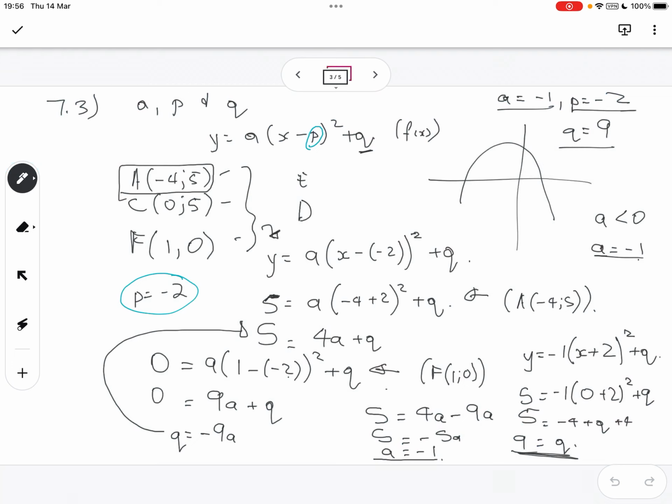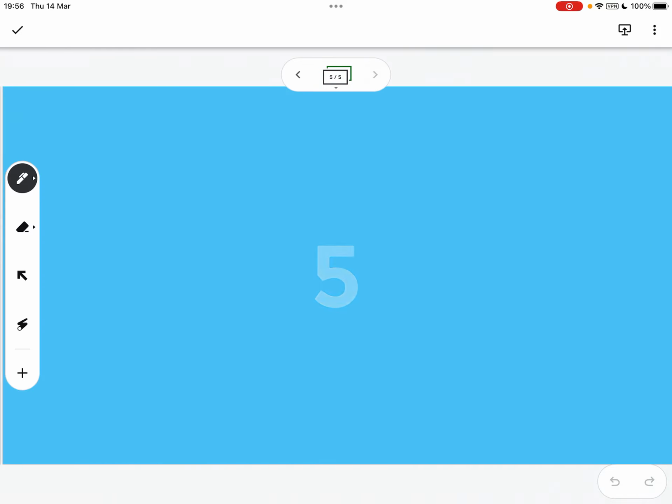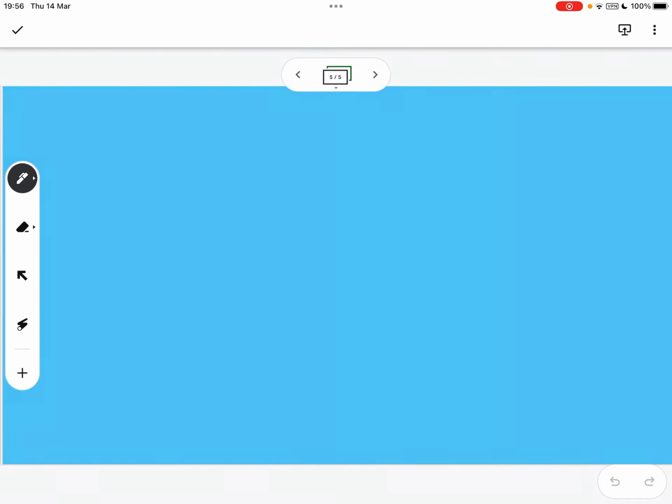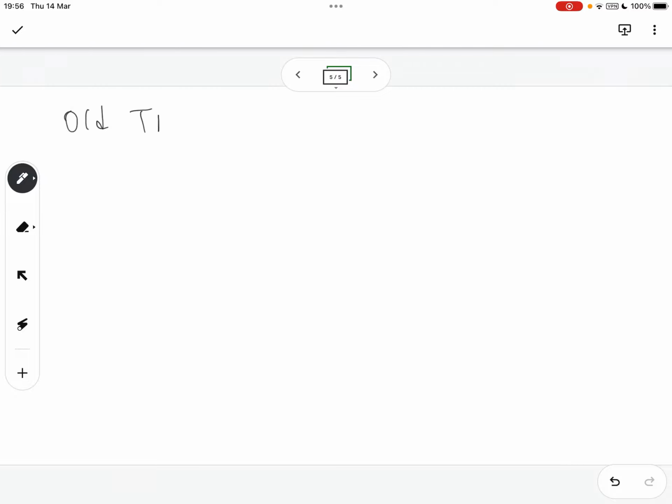So if our turning point was -2, 9, I think our old turning point is -2, 9.